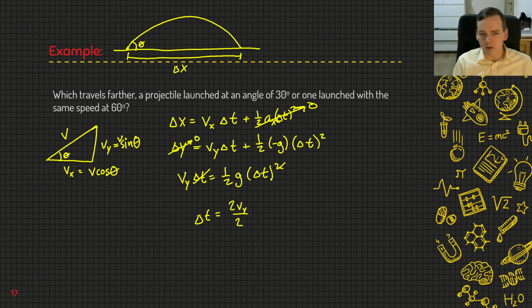So then I know that delta x is equal to vx times 2 vy over g.